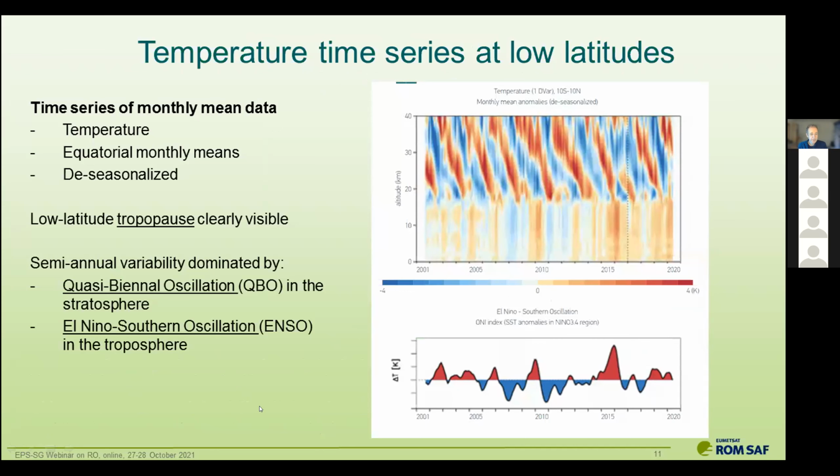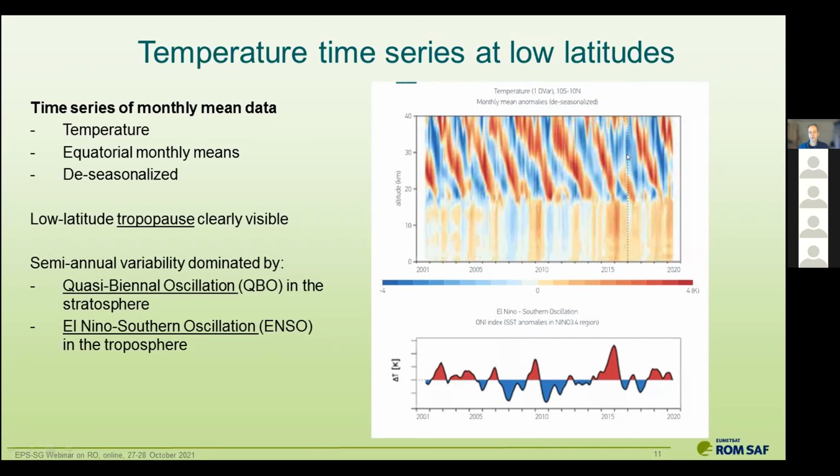Then we compute time series of monthly mean data. This is an example of temperatures at the equator, and we see some of the phenomena here. For example, we see the QBO quite nicely. So this is an almost 20-year time series.